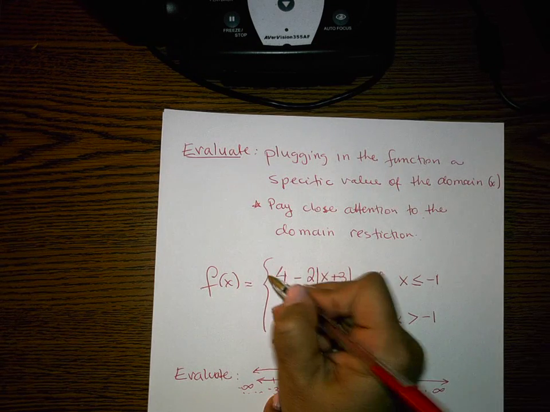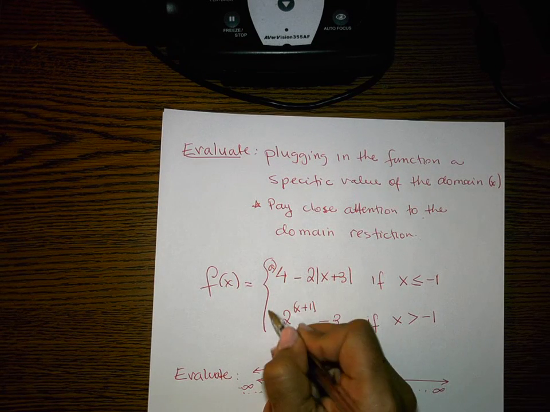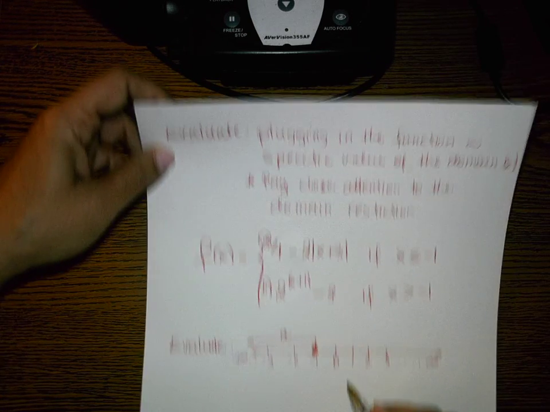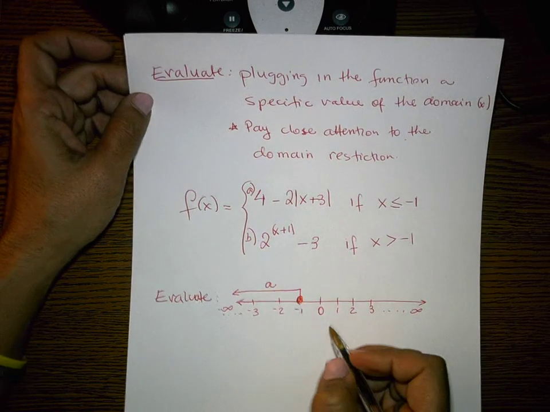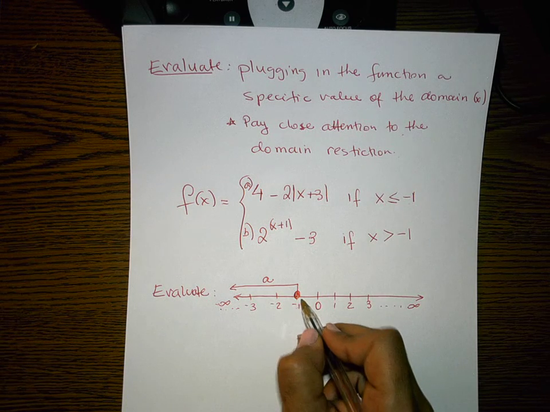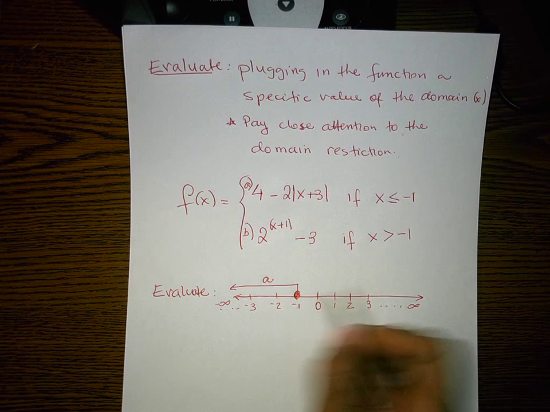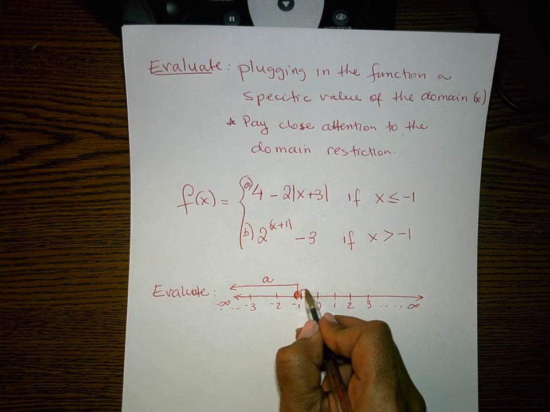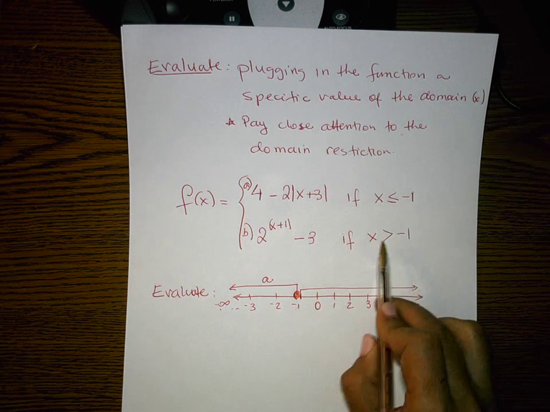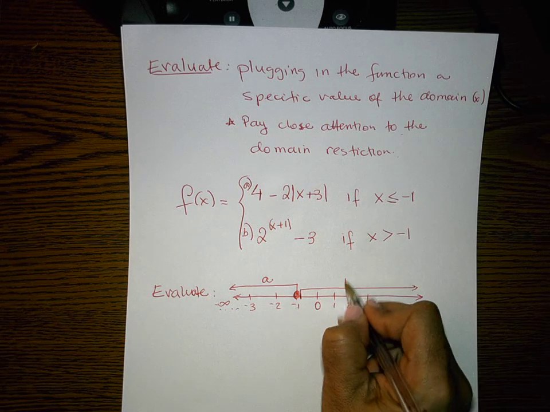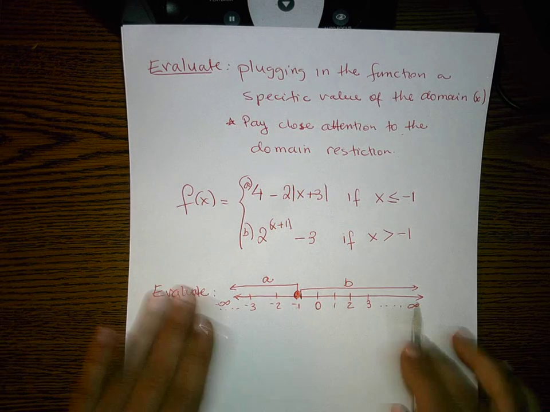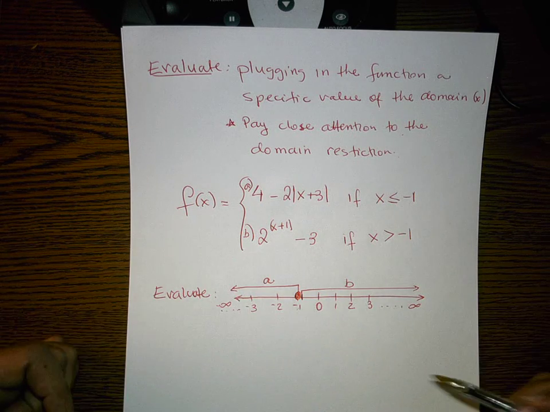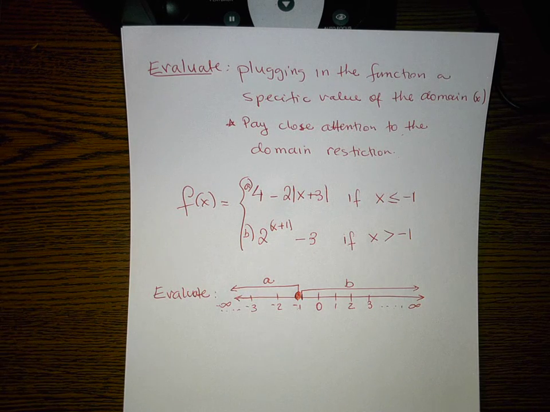Let's call this first function A, the second function B. If the problem in the test or quiz asks me to use x values bigger than -1, I'm going to put a little line right here, bigger than -1, going in the positive direction, and I'm going to use function B. So I create that as a guide for myself so I don't get confused, always coming and making that decision. I already create my decision line over here.